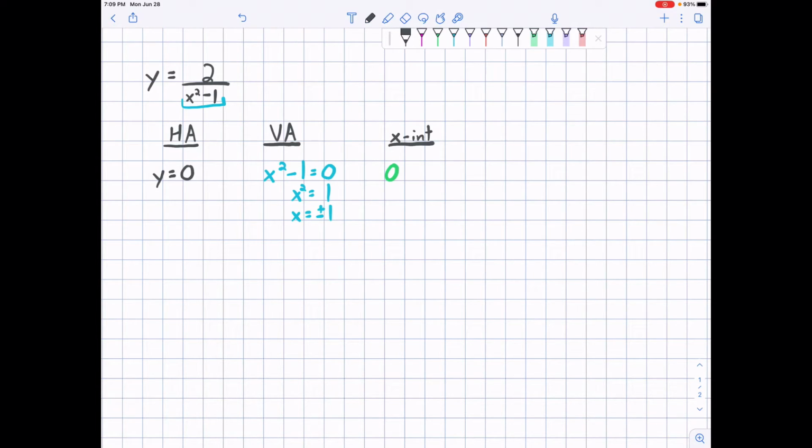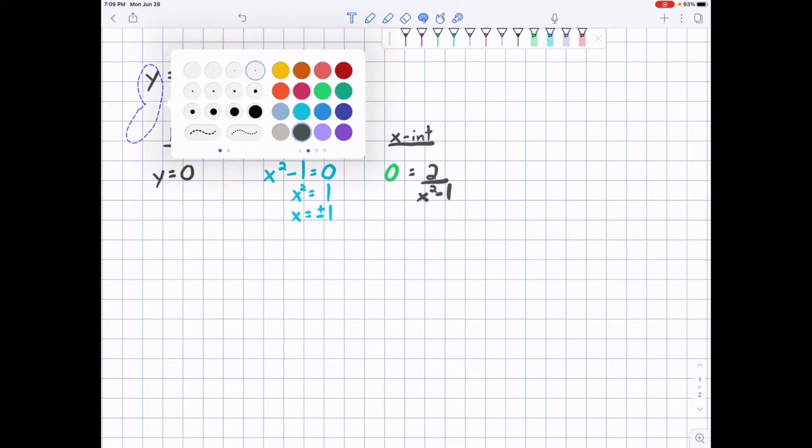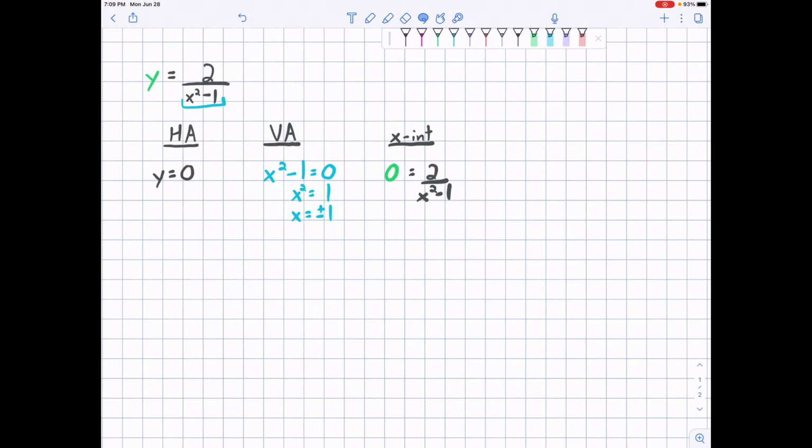So what we have is 0 equals 2 over x squared minus 1. At every x-intercept, y is 0, so that's why I have chosen to make y equal to 0. Now, this equation is not solvable. There's no value of x here that will give me 0 for the fraction.